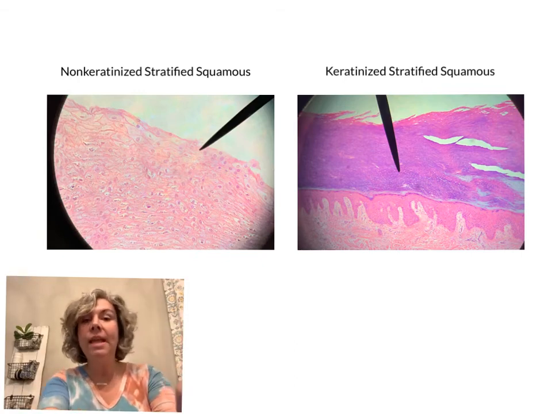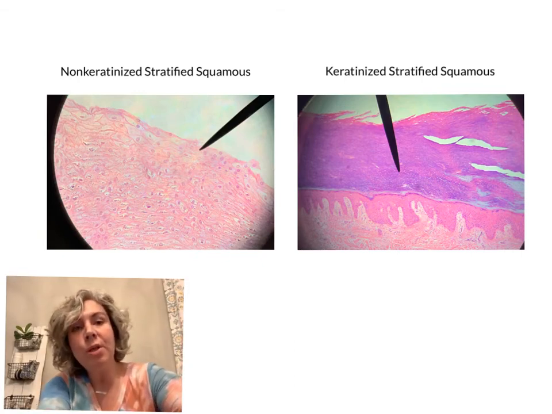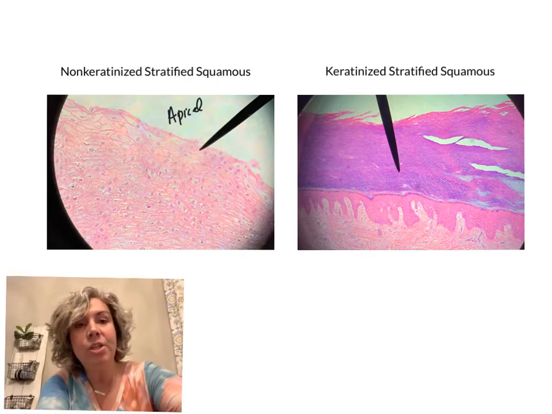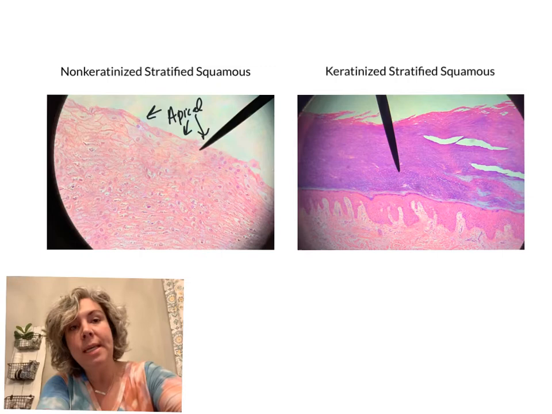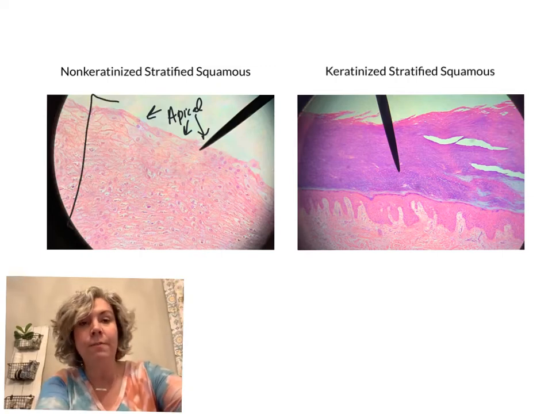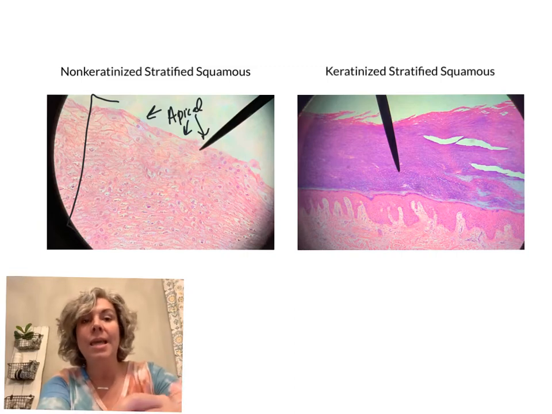So looking at the left photo, our apical surface is here where nothing is touching, so all of this side to that epithelial tissue is going to be our apical surface of the cells. And we're seeing many layers, actually all the way in our field of view. Everything we're seeing is going to be stratified squamous epithelial cells.